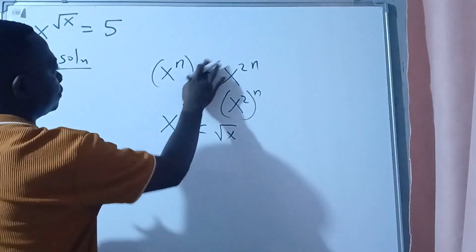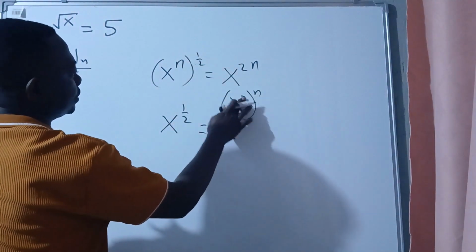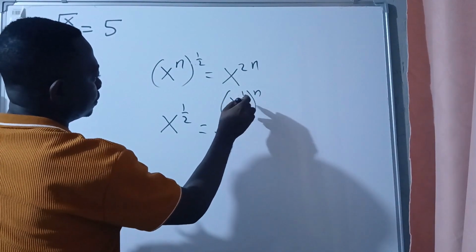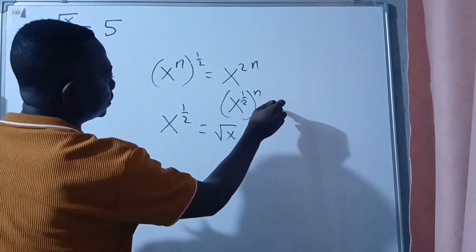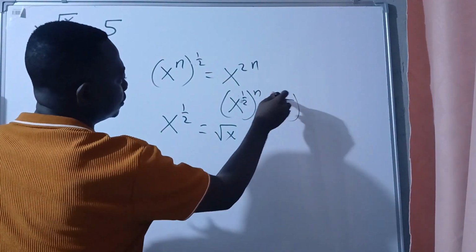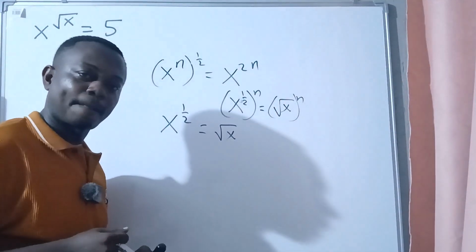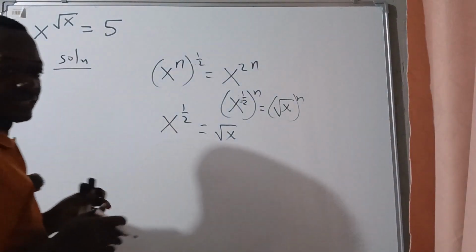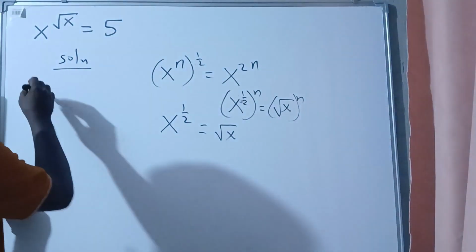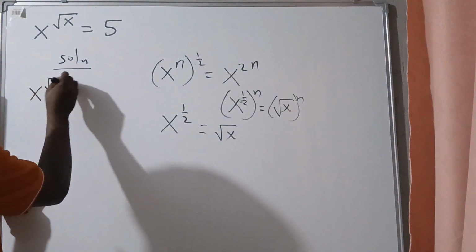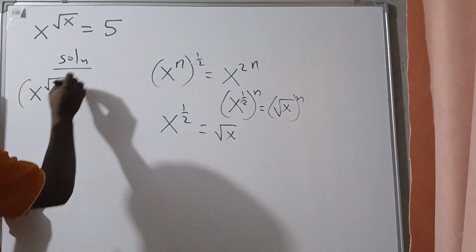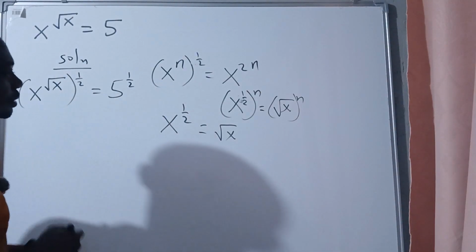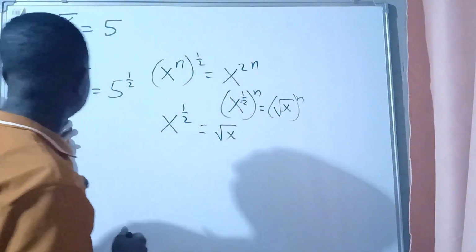So I can say square root of x all raised to n. What I'll do is raise both sides to the power of half. So I'll raise this side with half and do the same to the right hand side. That's the first step.